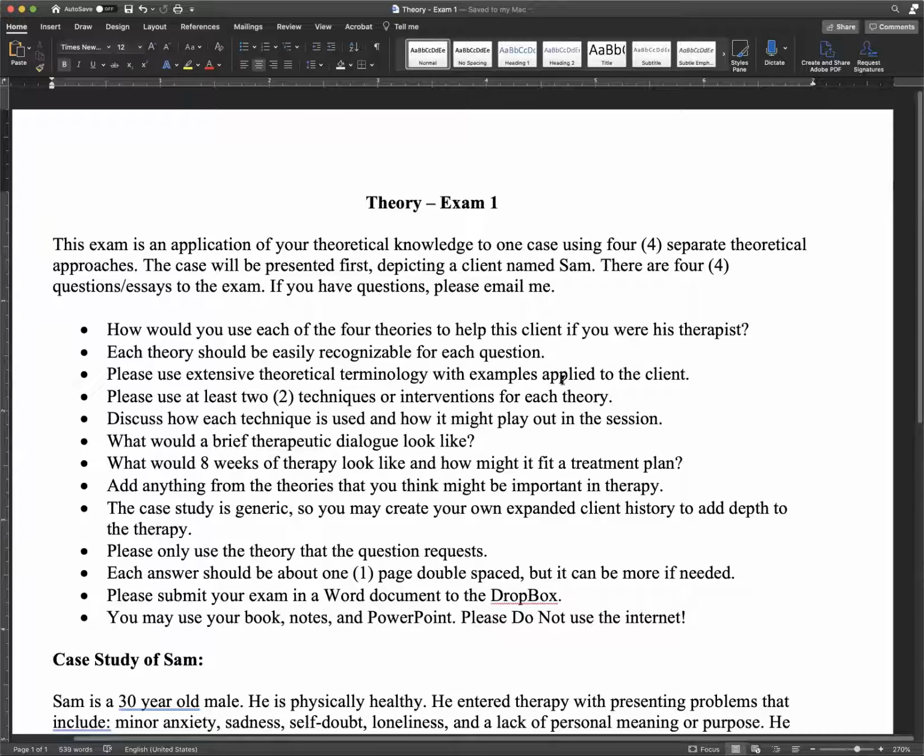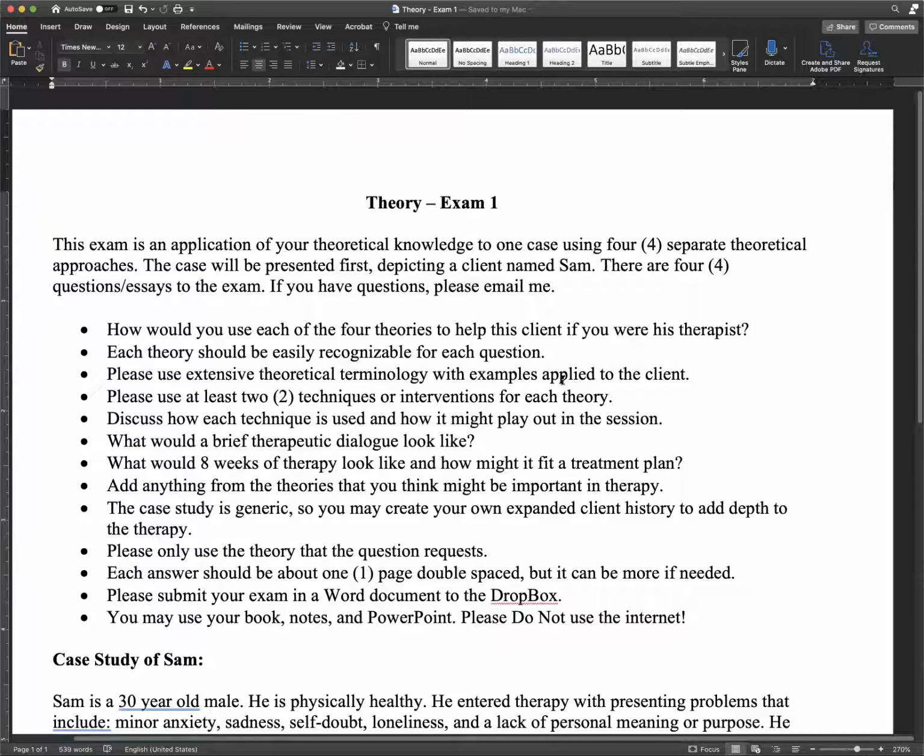You may create your own expanded client history to add depth to the therapy. You can be creative. You can add more to Sam's story, just so that you can expand upon the theory. I just gave you a basic case scenario. You can play with that.